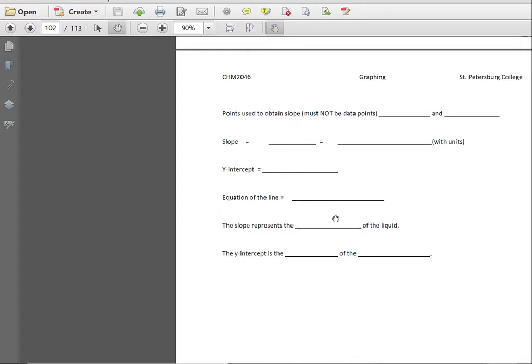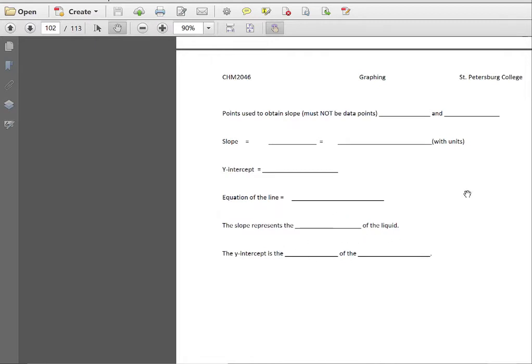Slope is basically your y-axis over your x-axis. Depending on what y is, your y is probably going to be your mass in this case, and your x-axis is going to be volume. So grams over milliliter will end up giving you the density. The slope should represent the density of the liquid.